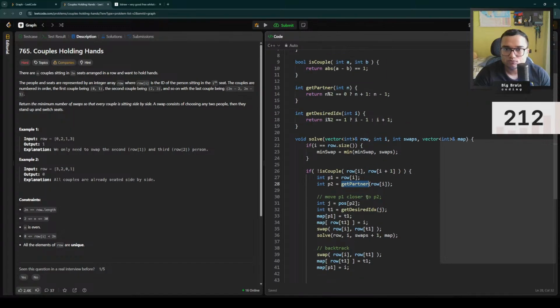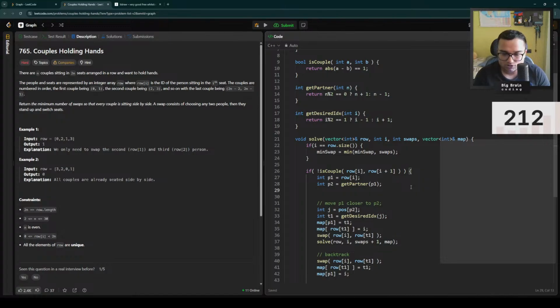What does get partner do? Aren't these two the same functions? Get partner of P2.